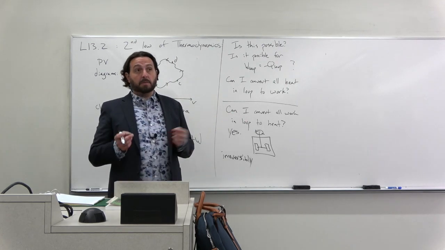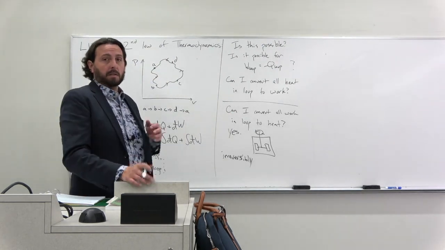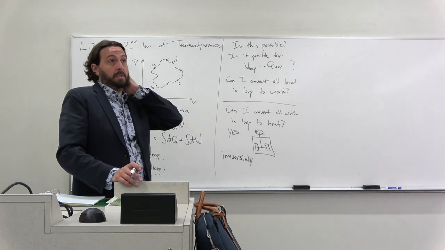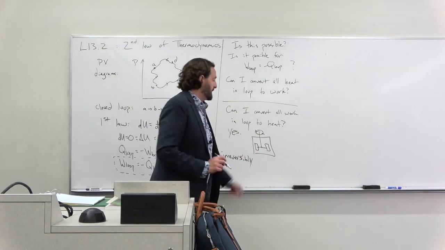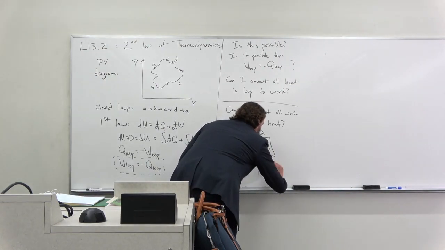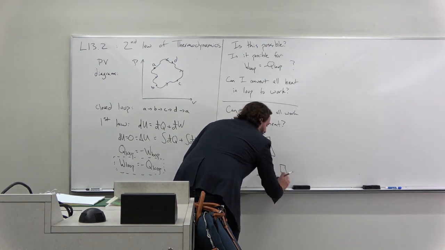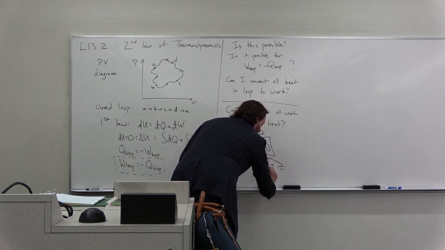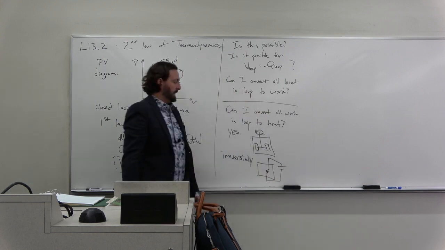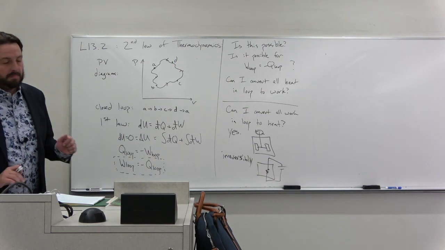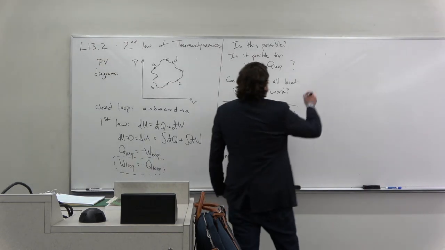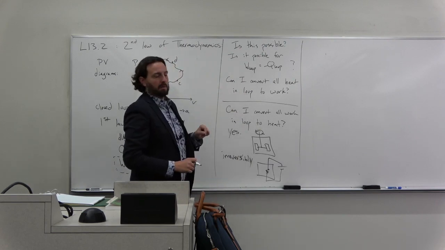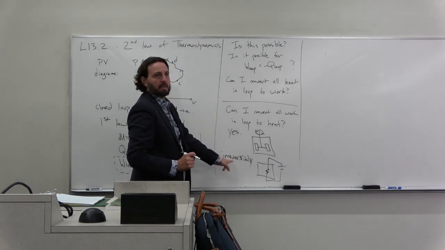You can also imagine doing this with, say, a battery. We talked about the work done by a battery. You could have a battery doing some work, having some current flow through a resistor, and have that resistor dump its heat into a vessel. So we're happy with that. But is that the same as converting all the heat to work? Well, we already have a clue. We realized that this one was irreversible.